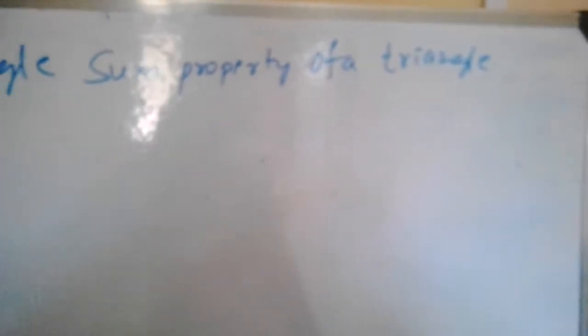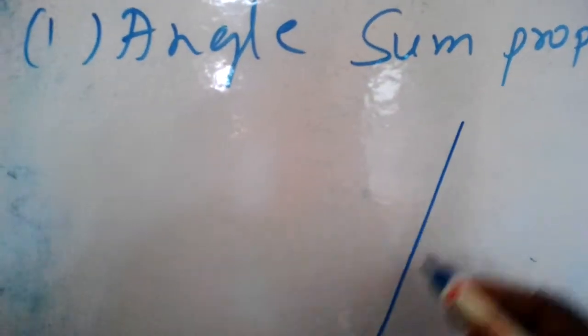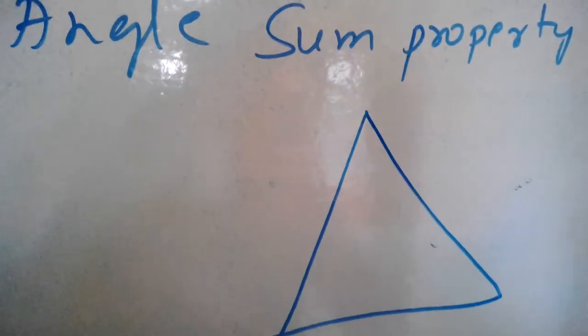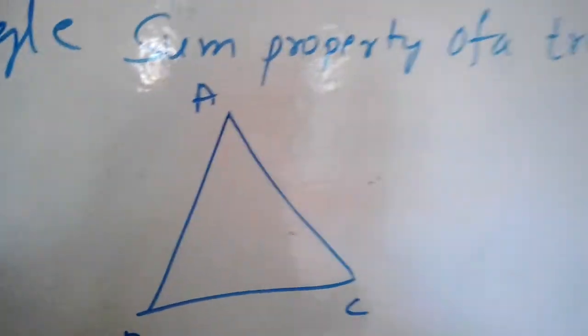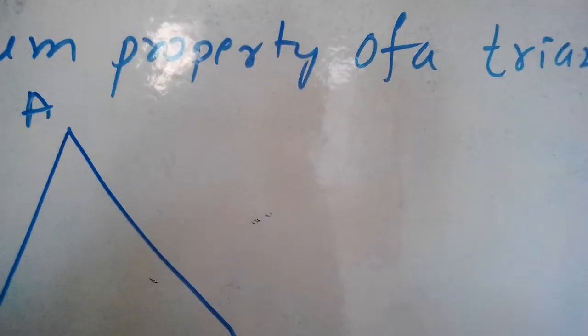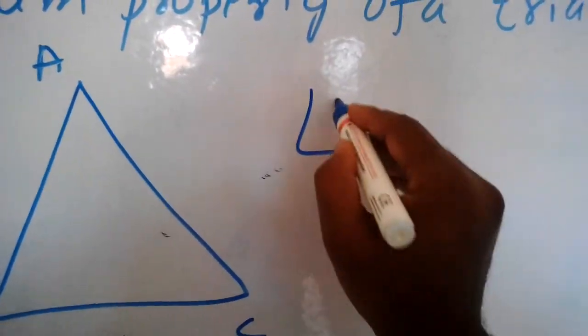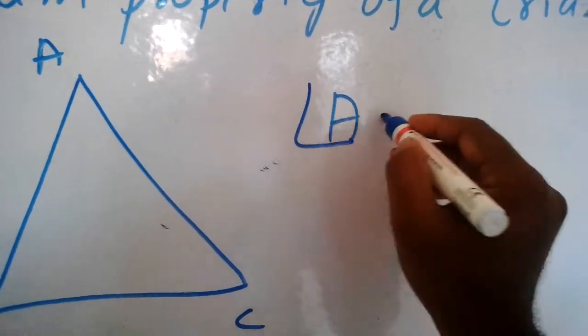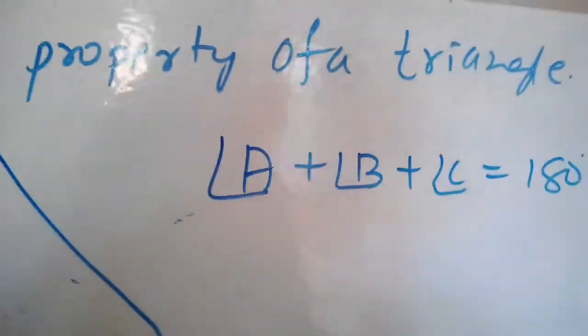Okay, next concept is the angle sum property of a triangle. This property we already studied from the 5th standard onwards. Triangle ABC. The theorem states that the sum of the angles of a triangle is 180 degrees, that is angle A plus angle B plus angle C equal to 180 degrees.